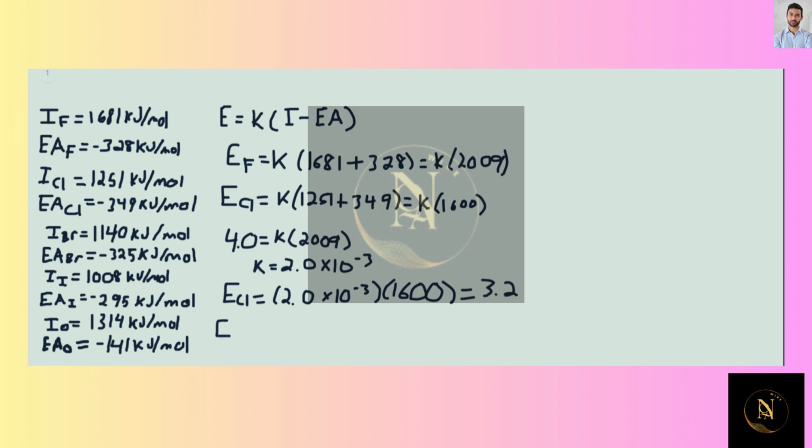Then E of oxygen is 2.0 times 10 to the negative third times 1314 plus 141. That's 2.91.